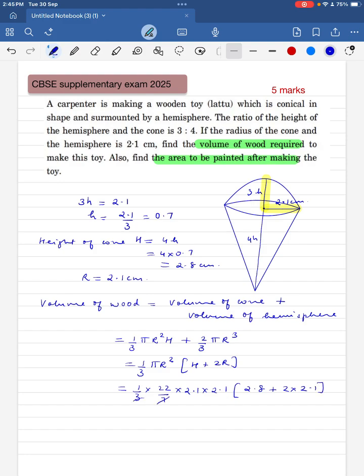So that's going to be 2.2 times 2.1 times (2.8 plus 4.2). Now 2.8 plus 4.2 is equal to 7. So that's 2.2 times 2.1 times 7, which gives me 32.34 centimeter cube as the volume of the wood.